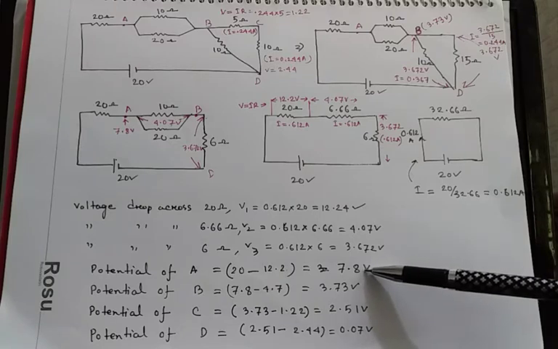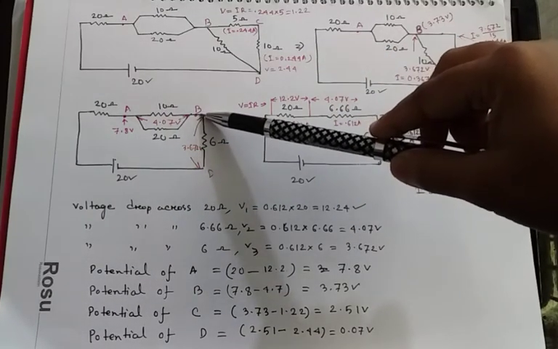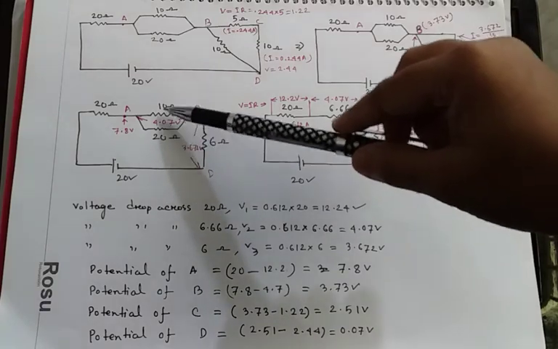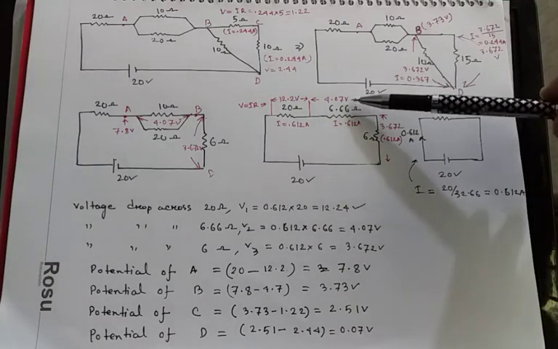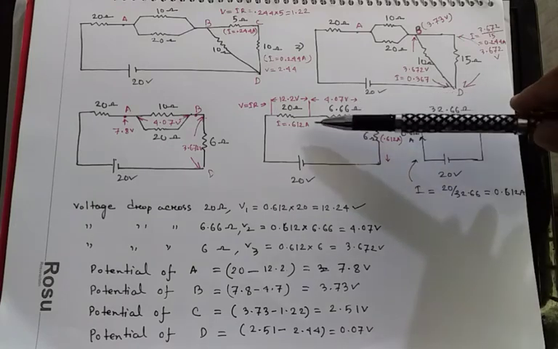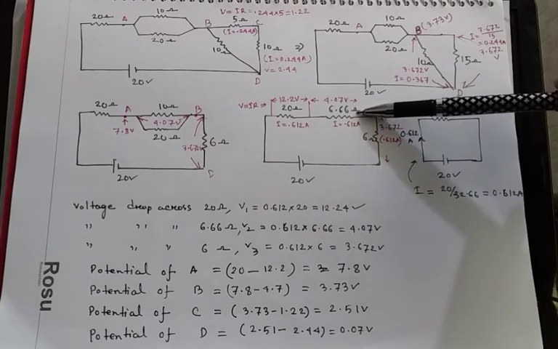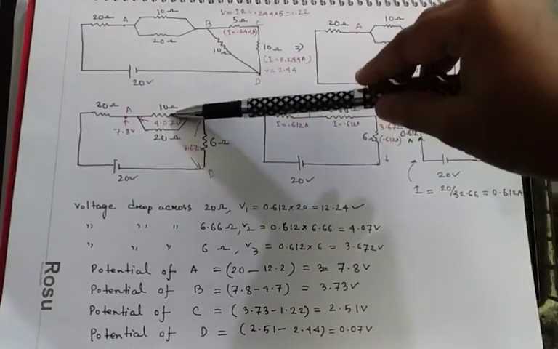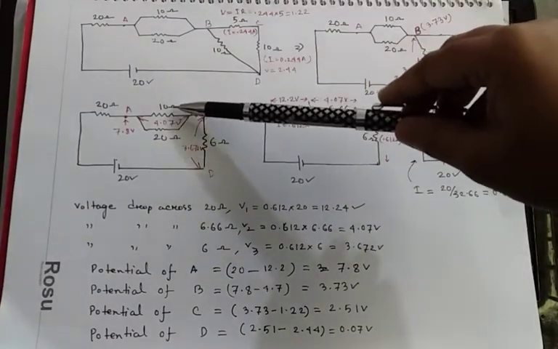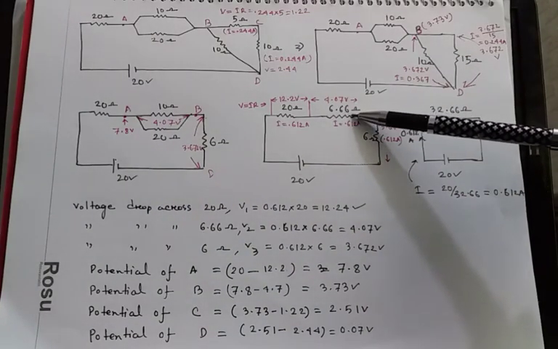Now we will find the potential for B. For getting the potential of B, we have two resistors here, so we have to find the drop across them. This 6.66 ohm resistor is the combination of these two resistors, that means by combining 10 ohm and 20 ohm in parallel we get 6.66 ohm.